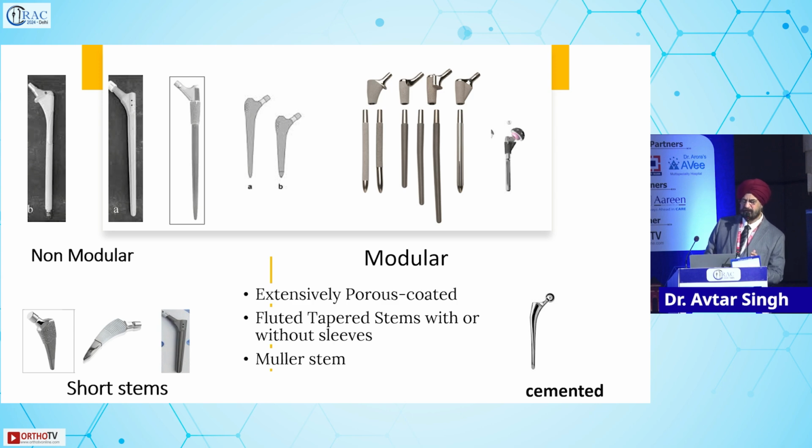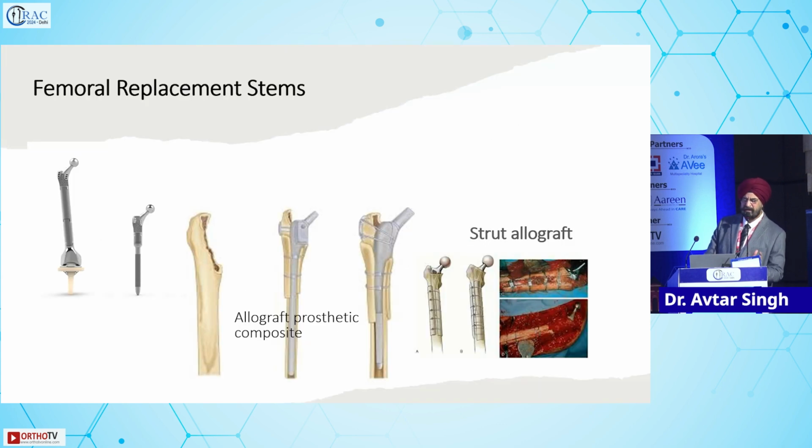Stems he has already talked about, and the most commonly used is now tapered fluted stems, but short stems have a role to play. And then, of course, extensive implants like full femur replacement or proximal femoral replacement or allograft, impaction bone grafting. Of course, I have no experience with the impaction graft or these strut grafts.